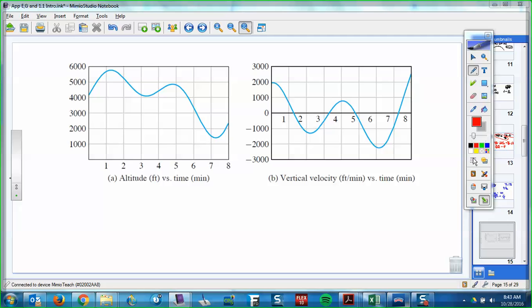Now, picture for a minute this hot air balloon. 8-minute time period. One's the velocity, one's the altitude. Now, in your mind, if you're picturing this hot air balloon traveling over these 8 minutes, what are you picturing? Are you picturing this kind of a thing?